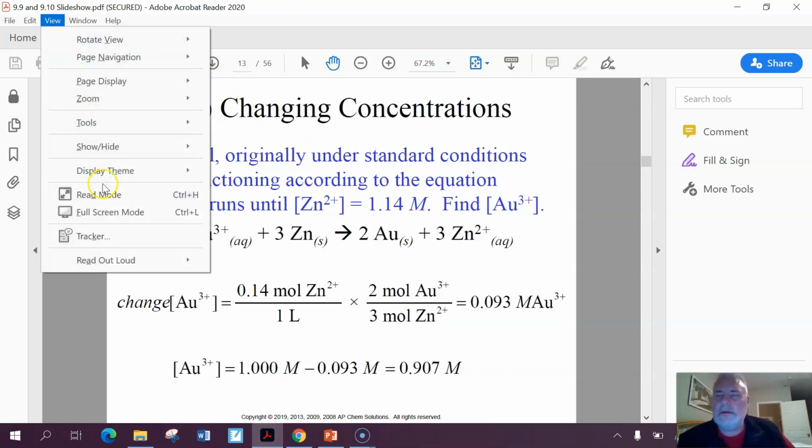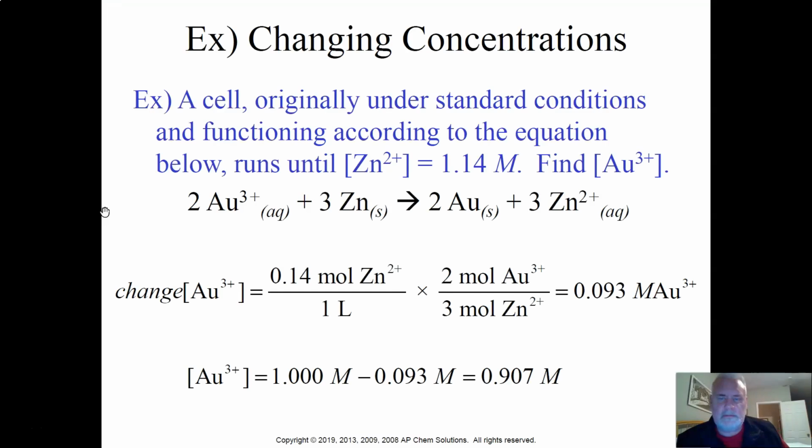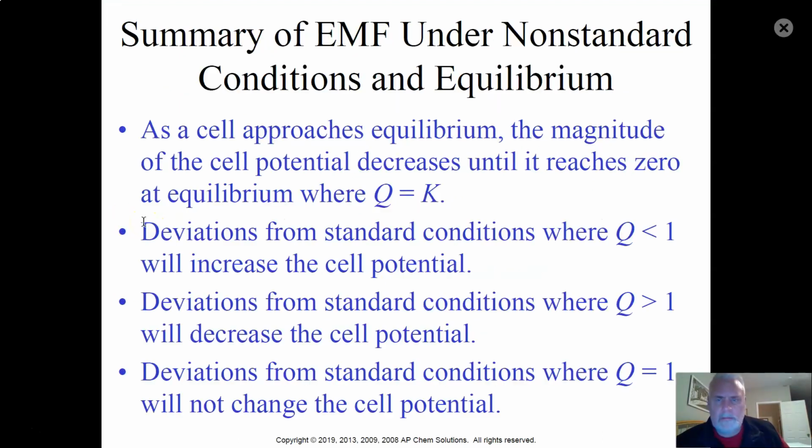All right, so actually I'll go back one slide. And this is where we left off, this nice summary of what it means when you change the concentrations, or you change this cell from the standard conditions.